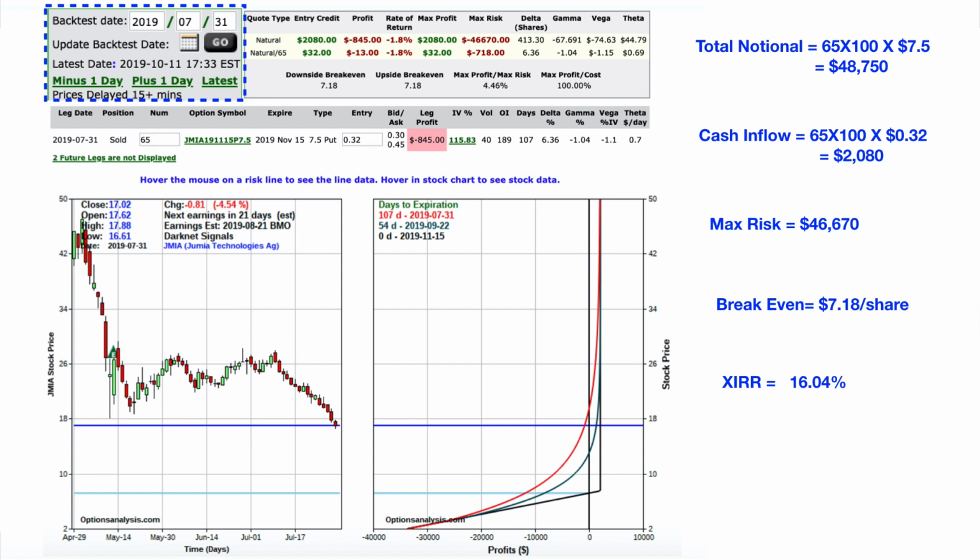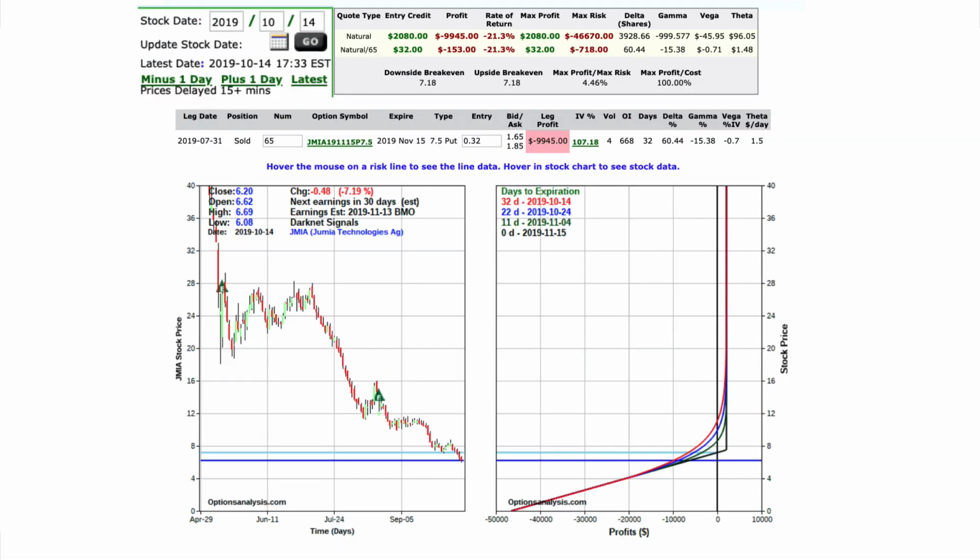The break-even point for this trade is $7.18 per share, and in a non-assignment scenario, the XIRR would be over 16%. Now, subsequently, because the stock price has now come down to $6.2 and this trade is reasonably close to expiry, it's just a month away from expiry.